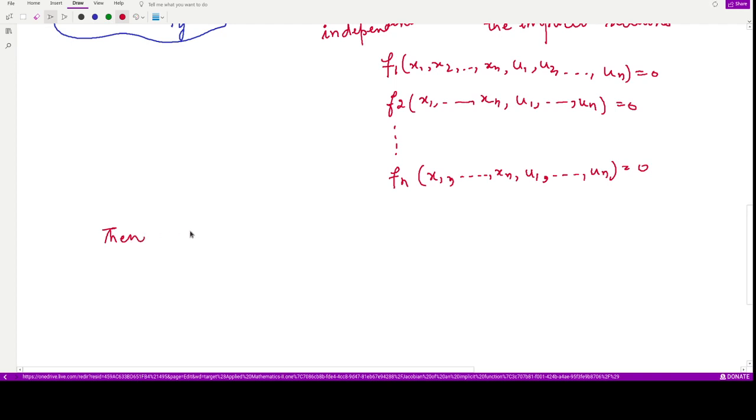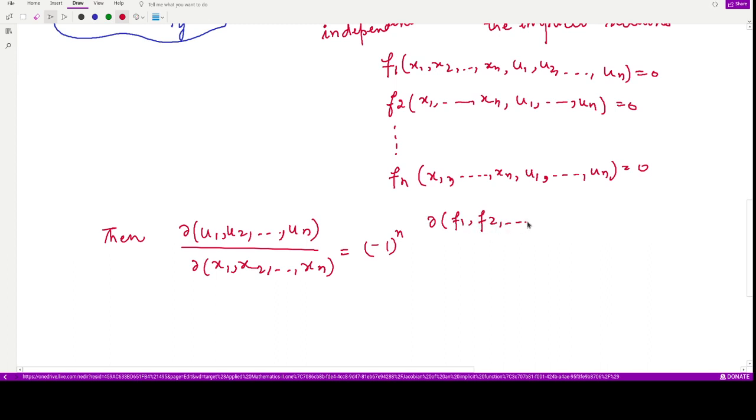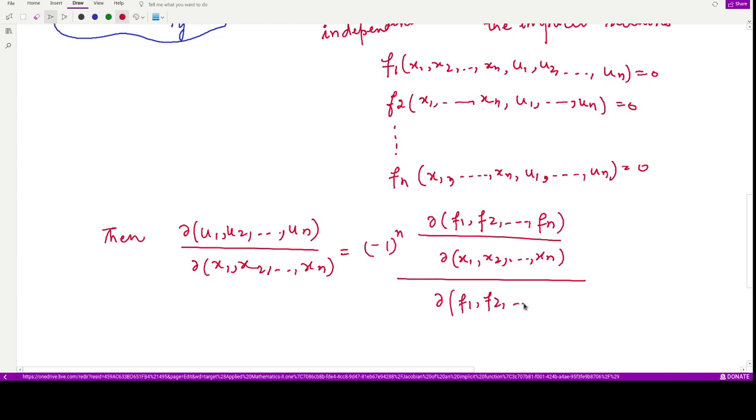Then the Jacobian of u1, u2 up to un with respect to x1, x2 up to xn would be equal to minus 1 raised to power n, because we have n variables in this case, times del of f1, f2 up to fn divided by del of x1, x2 up to xn, divided by the Jacobian of f1, f2 up to fn divided by the Jacobian of u1, u2 up to un. So this is the generalized result.